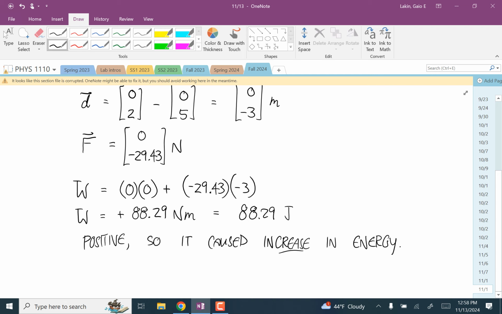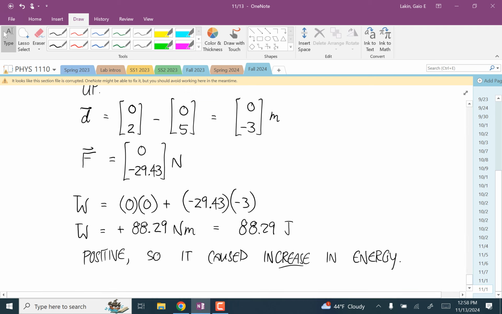It's acting against the motion. And so you'd expect the work to be negative because it's taking energy away from the body. And that's exactly what would happen. You just have a displacement that's equal to 0, +3. And when you multiplied these together, you'd get a negative work. Okay.